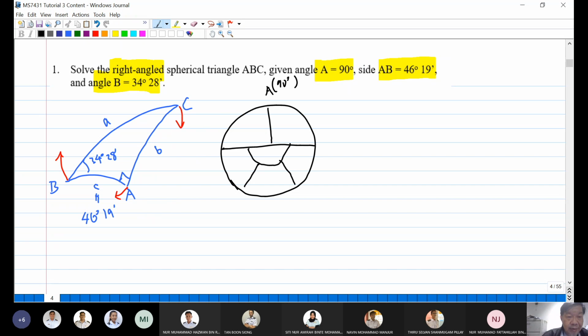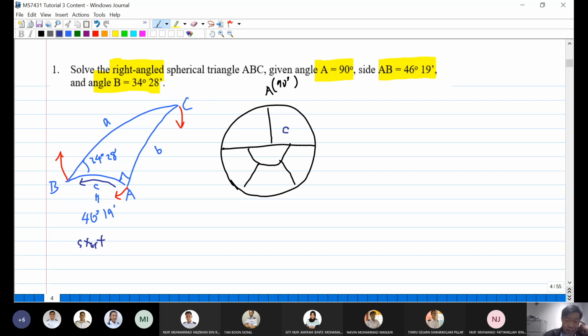So starting from A clockwise, the first thing you encounter is side c, small letter c, right?